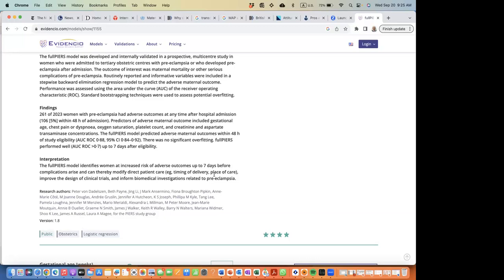For example, timing of delivery, place of care, because you want the baby to be born in a place where there are good neonatal facilities. Improve the design of clinical trials and inform biomedical investigations related to preeclampsia. So this gives you the adverse outcome. The prediction is how soon or late those adverse effects are going to come into play.